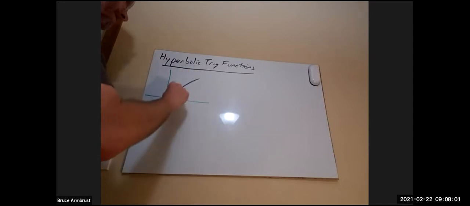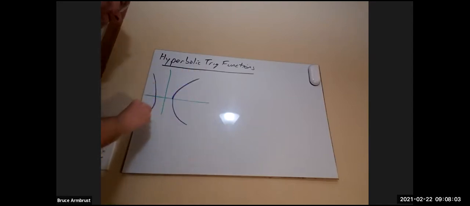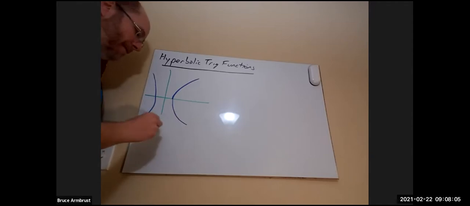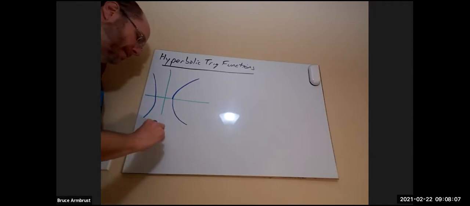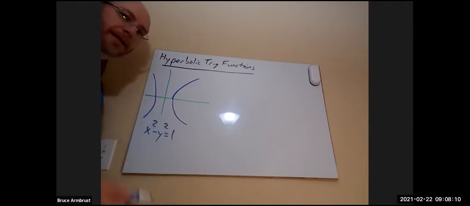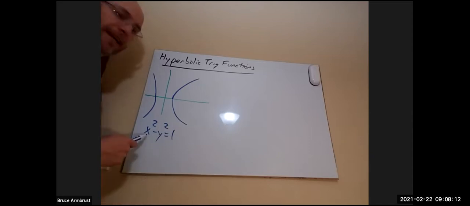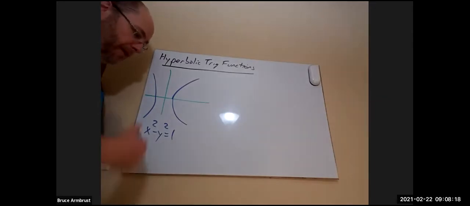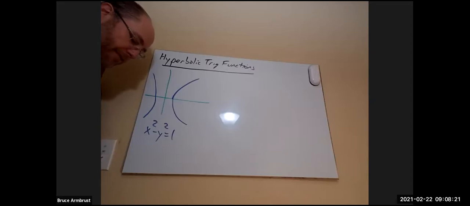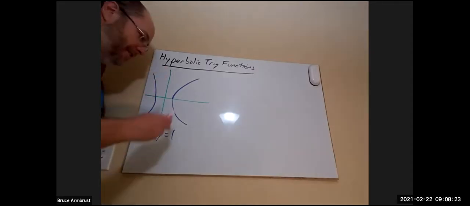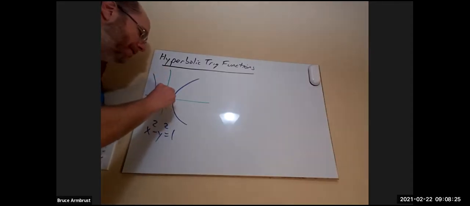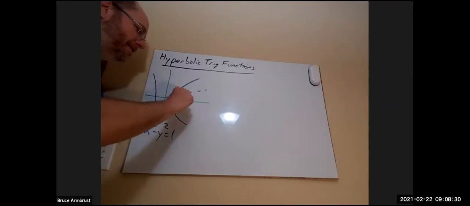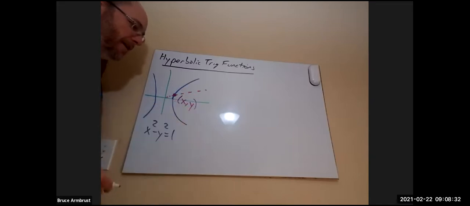This one, this is the equation x squared minus y squared equals 1. So instead of x squared plus y squared for the circle, you do x squared minus y squared. If you were to do that, and then you were to take an angle and look at where it intersects, right? So this guy right here, this has coordinates x and y.